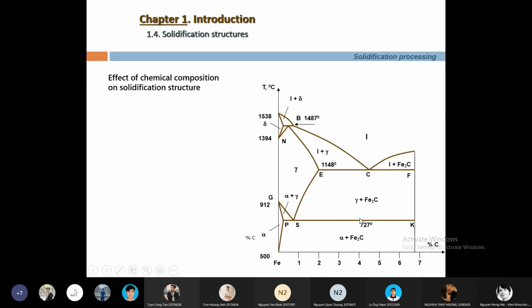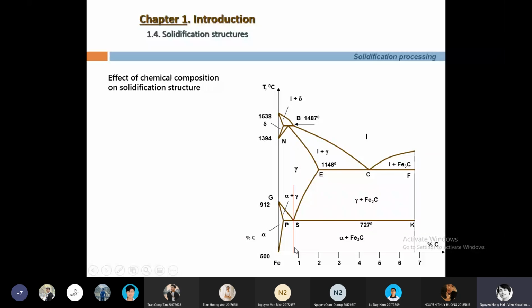And you can consider some effect of the chemical composition on the solidification structure. In the example of the iron and carbon phase diagram. You must know this phase diagram.